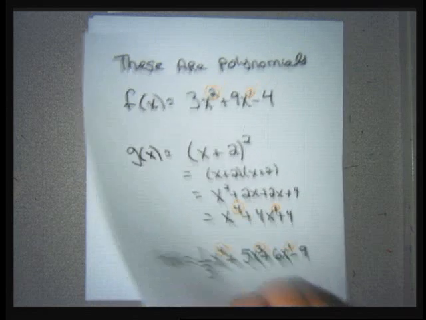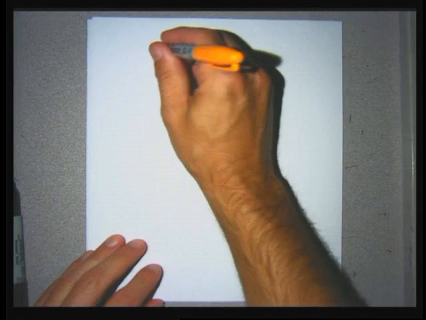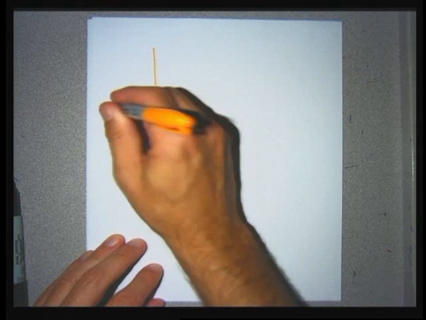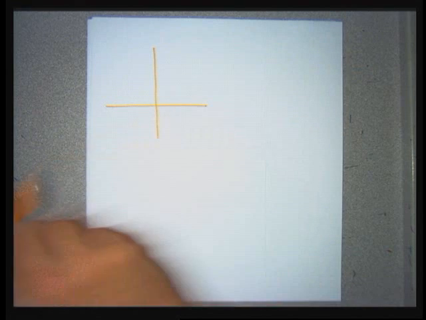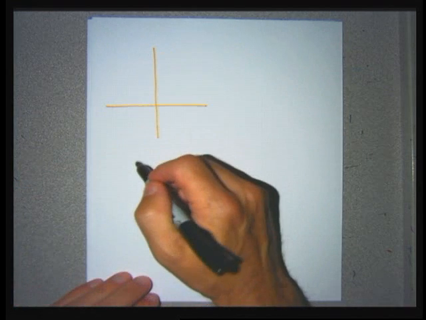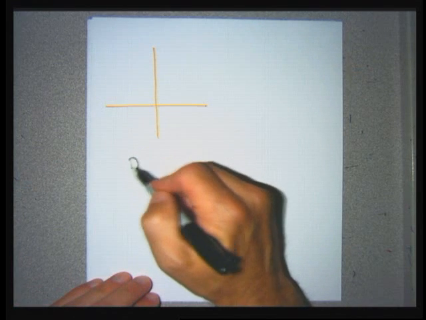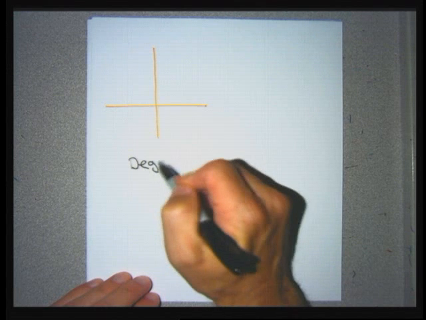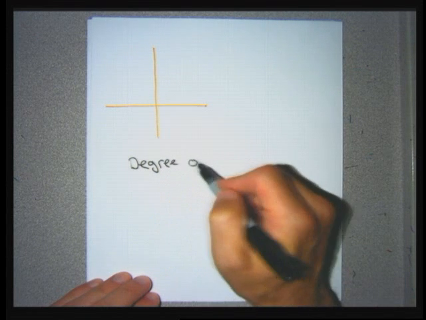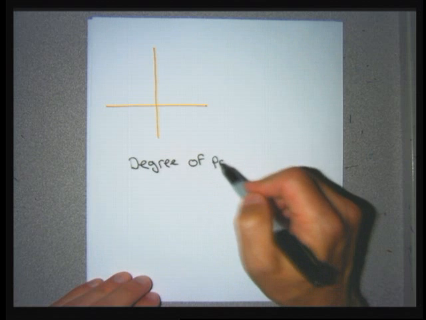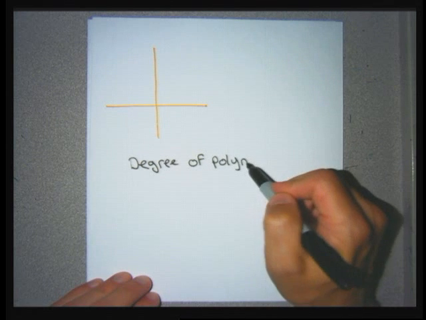There's more, unfortunately, that we have to understand before we get into the section. We need to know something called the degree of the polynomial.